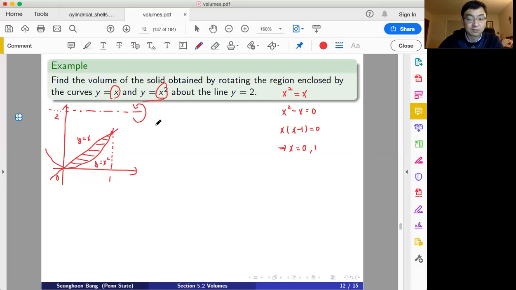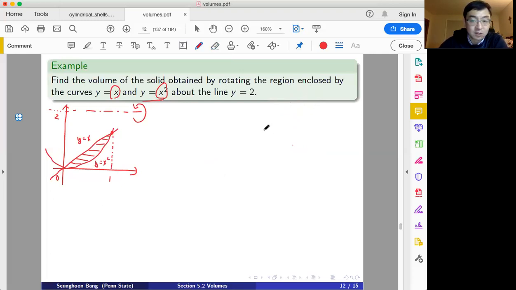It's good. So what kind of solid do we have here? You have to rotate about y equals 2.